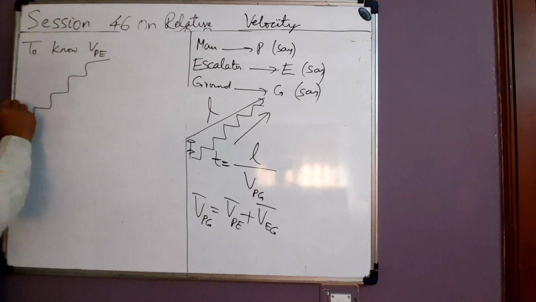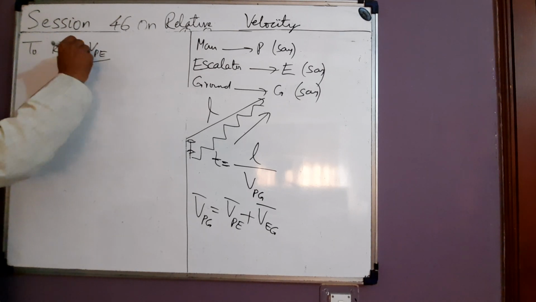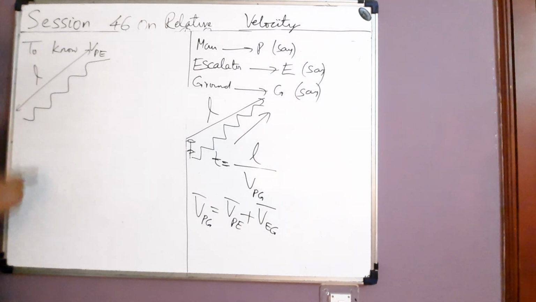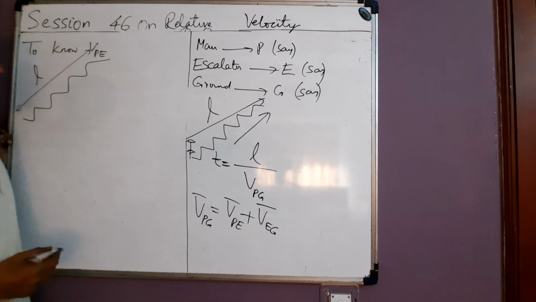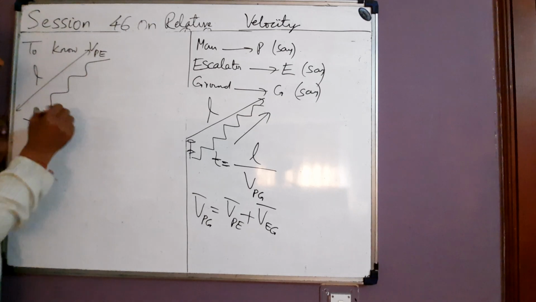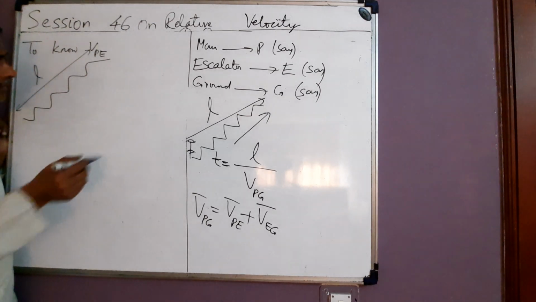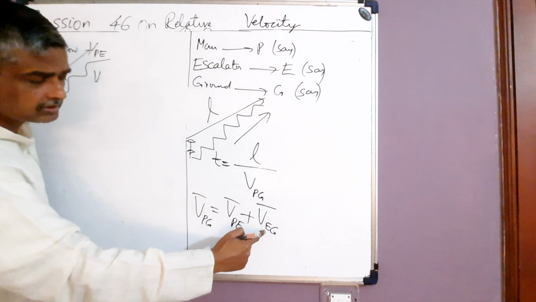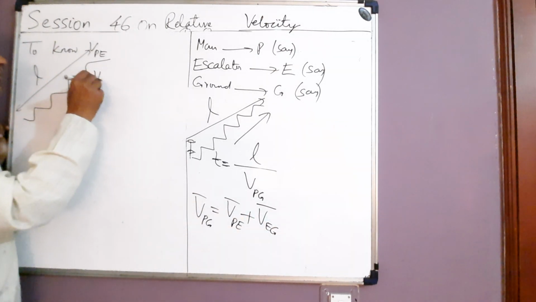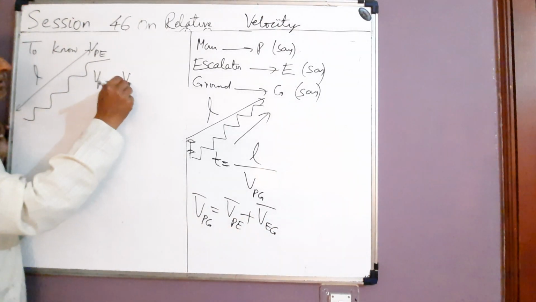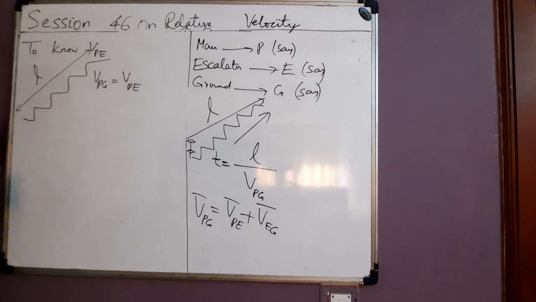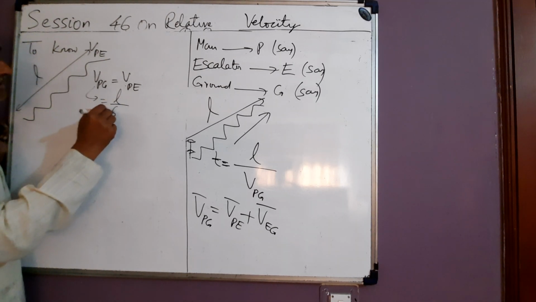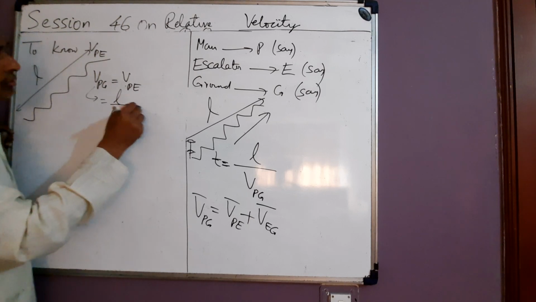In that case, the person walks from here to here, L distance, and it takes him 60 seconds. So in the case of a stalled escalator, this term goes away. Vpg is just equal to Vpe. So in this case, how much will Vpg be? L by 60. That is also Vpe.